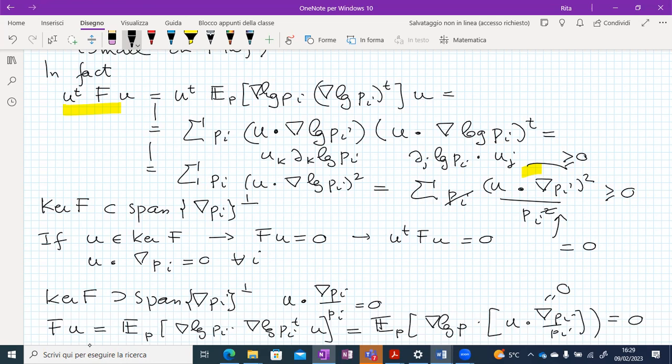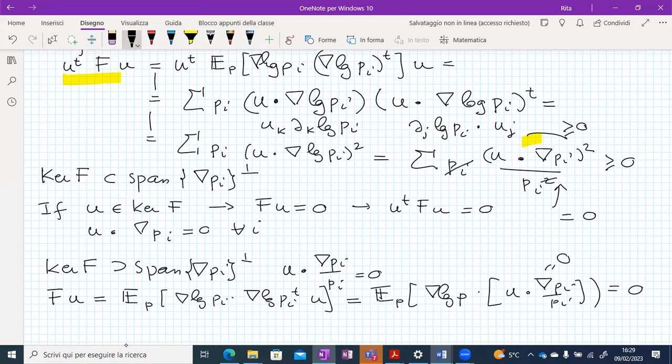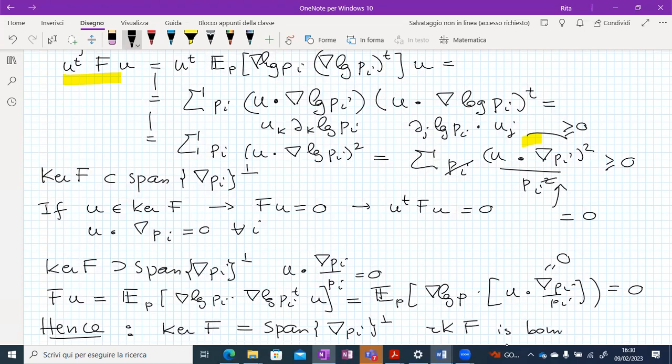Do we understand this proof? This proof says that, hence, we prove that the kernel of F is equal to the span, or if you prefer, that the rank of F is bounded by the number of classes.